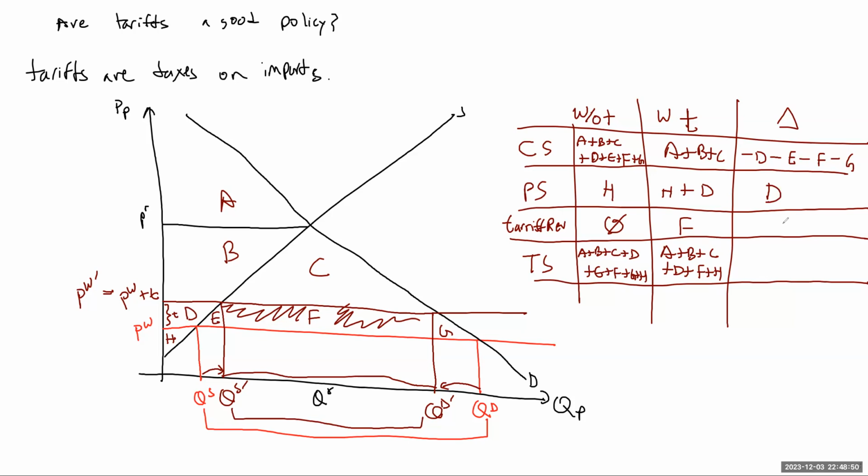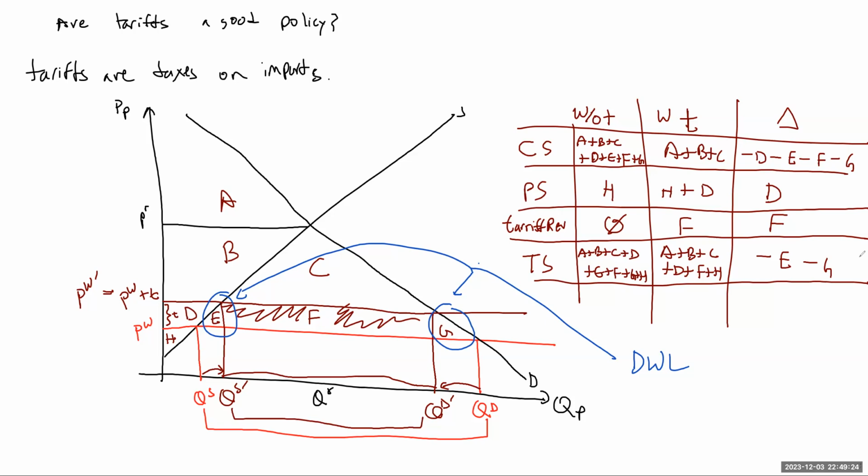They gained D. Tariff, they gained F. So total surplus, we lost E and we lost G. When the government implements a tariff, we lose E and G from society. That is being lost to the economy. Again, E and G is the deadweight loss of implementing a tariff.